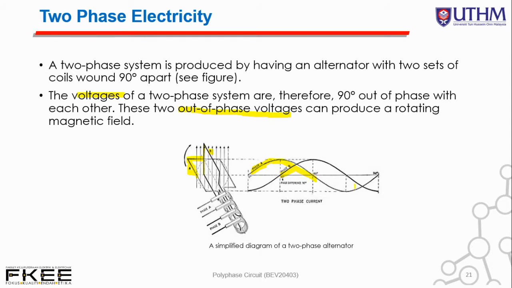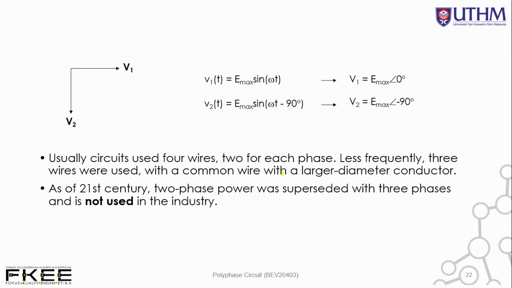Okay, so for these two coils, they generate two similar types of waveform, but they are separated by what we call the phase in degrees. Again, V1 and V2 from the previous slide. We have V1 with the equation E max sine omega t.